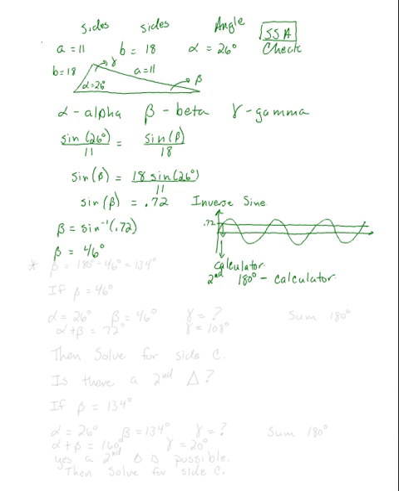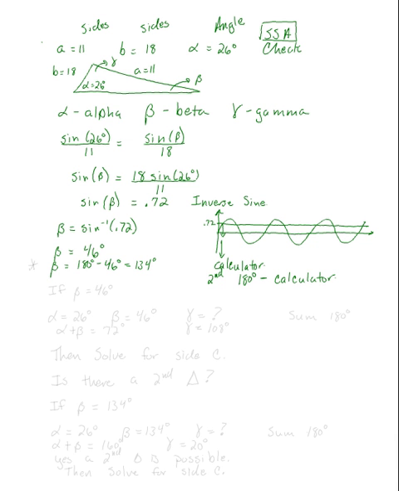The second possibility is 180 degrees minus 46 degrees, or 134 degrees. There are actually an infinite number of other possibilities, but these are my first two solutions to the equation sine of beta equals 0.72, and we're just going to consider these first two.